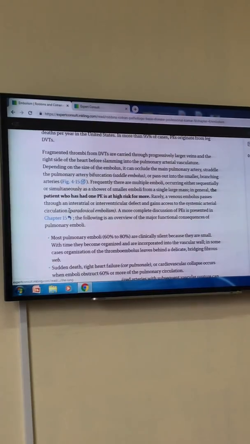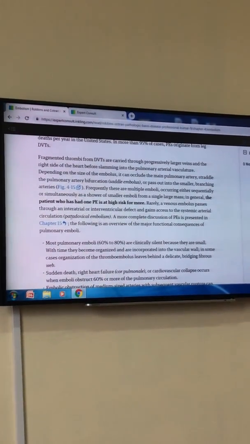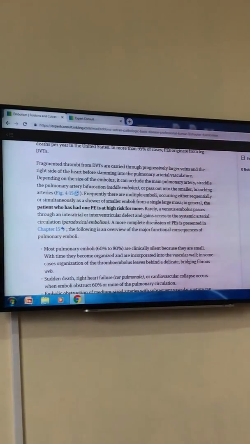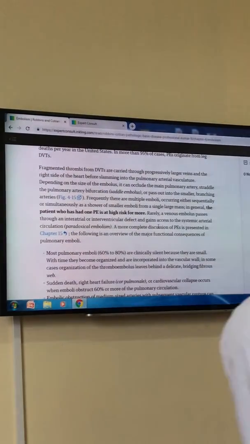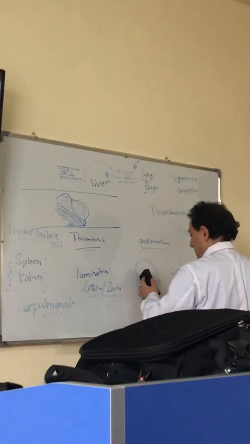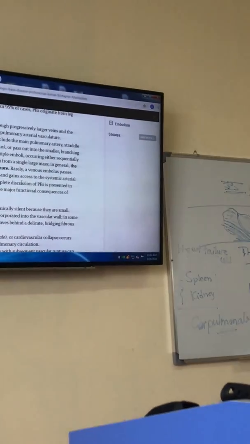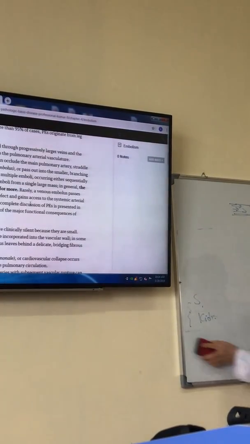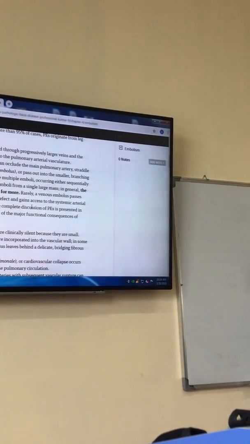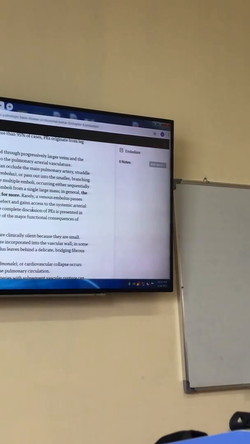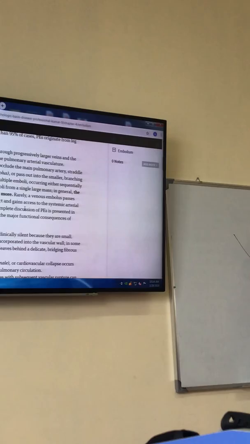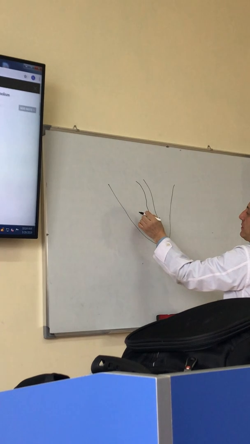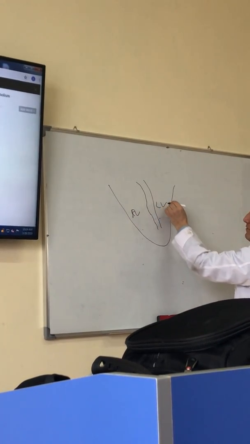There is a term called paradoxical embolism. What does it mean, paradoxical embolism? It means that if the patient has a congenital heart disease, this is the heart, for example, and this is the septum that separates the right ventricle from the left ventricle.